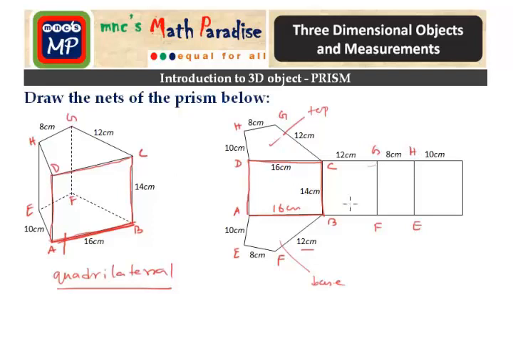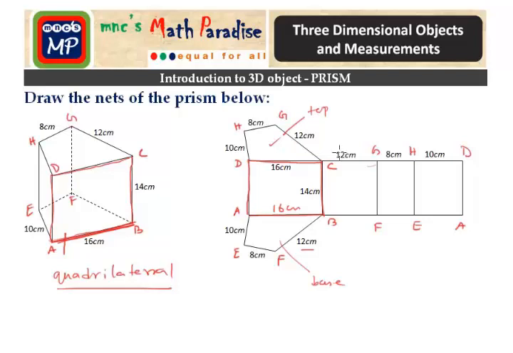This height is always 14. This arm HG or EF is 8. And from AD, we can draw EHDA, where AE is 10. So here we draw all 4 faces on the same side.